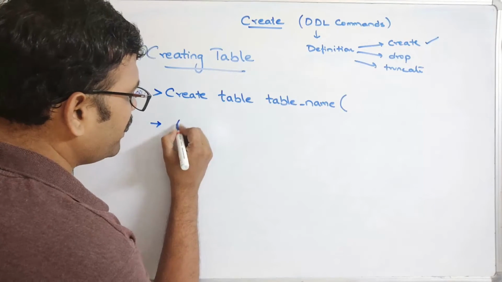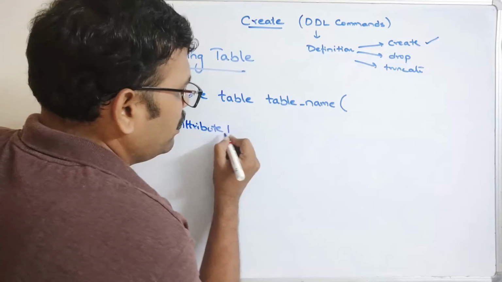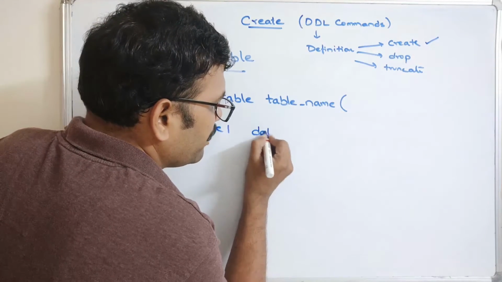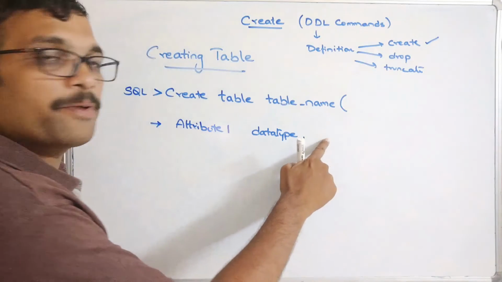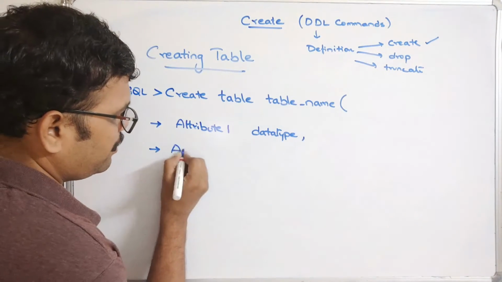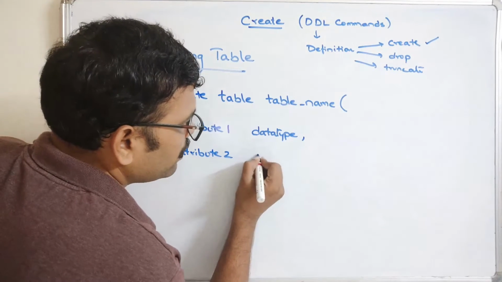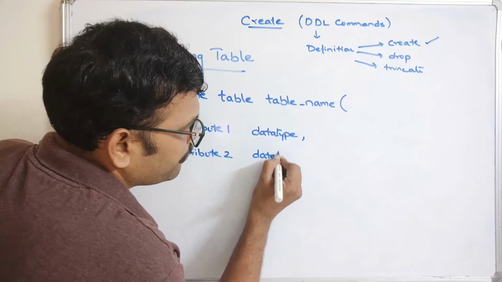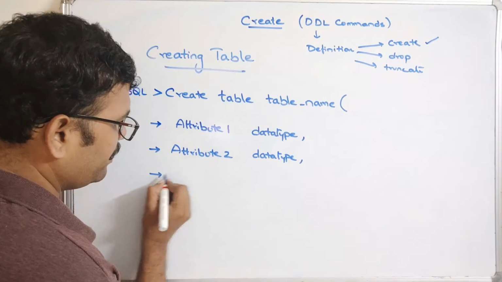Here you can define attribute 1 and the corresponding data type, comma, and if you press enter, it moves to the next line, attribute 2 and data type, and if you press enter, the third line.